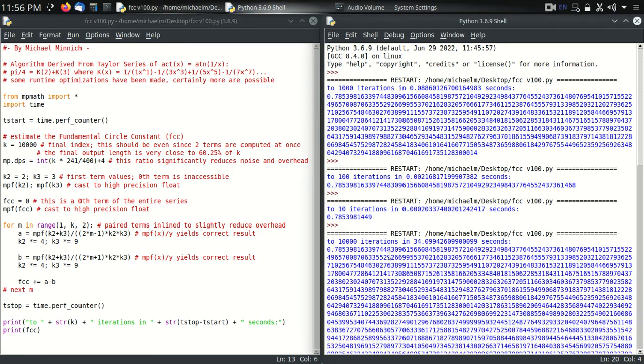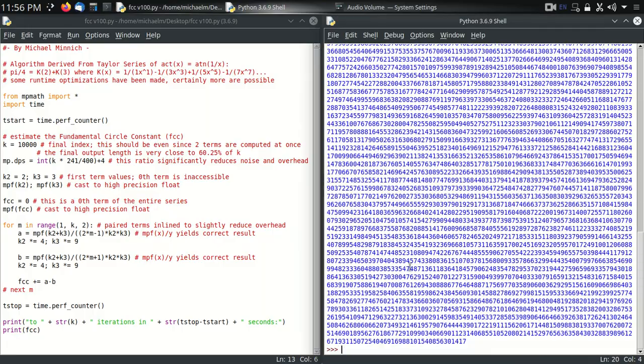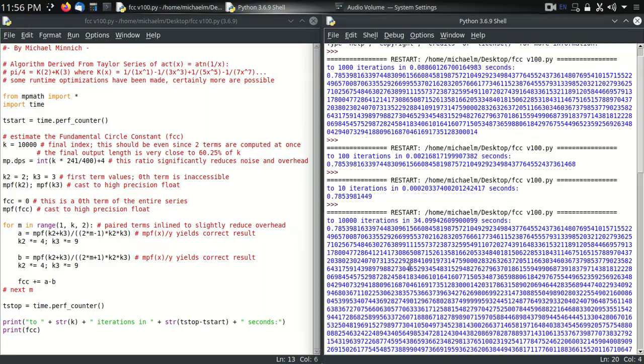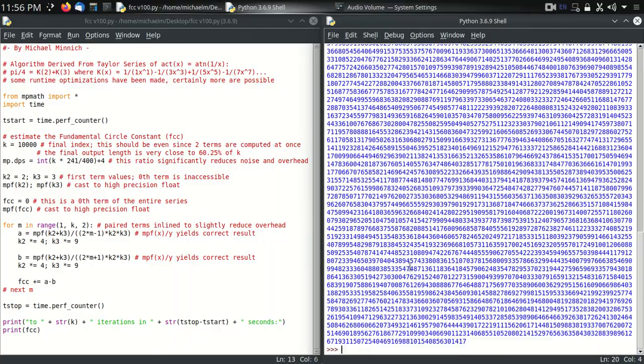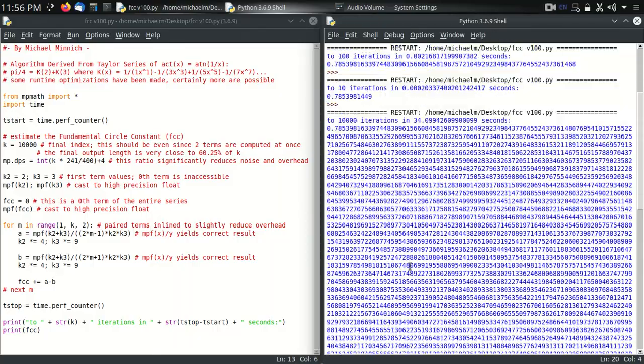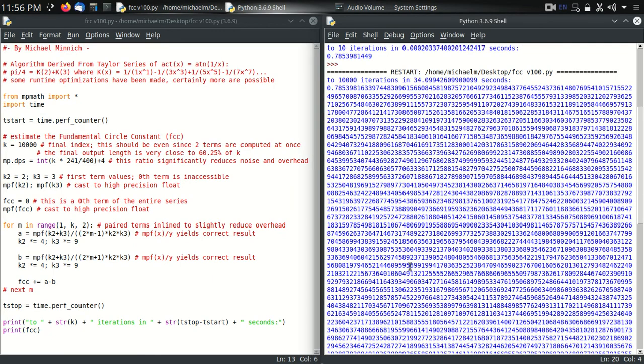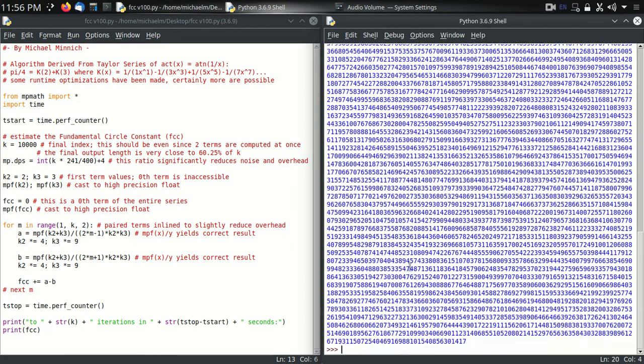So there it is. There's about 6,000 decimal places of the fundamental circle constant. And at some point in here, I think it's actually right there. I think that's the last, up to the 630.